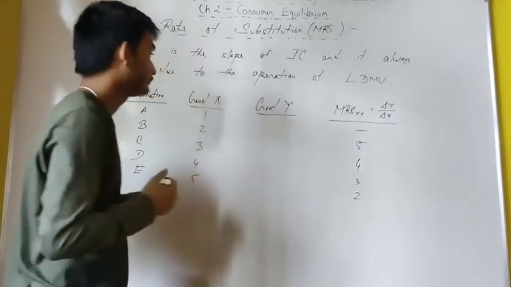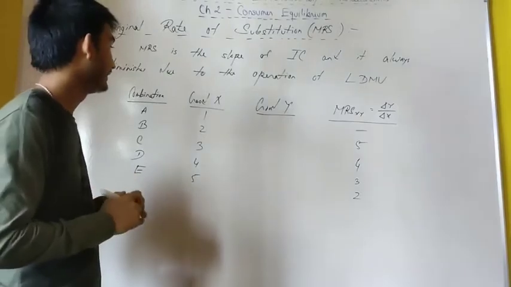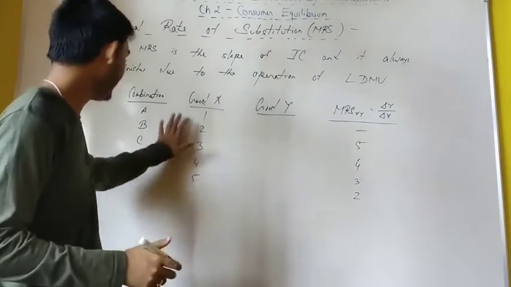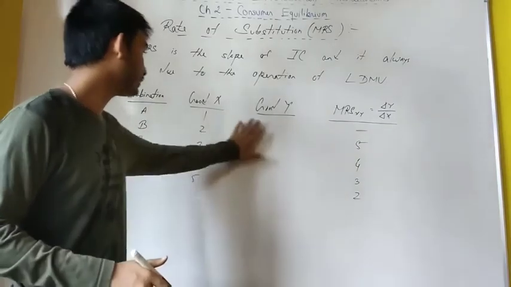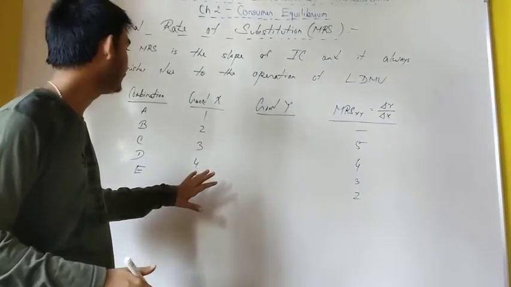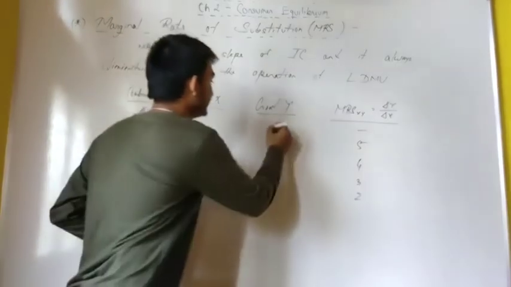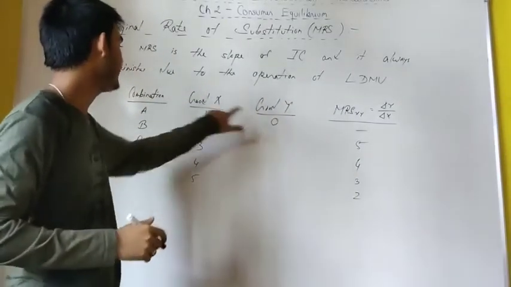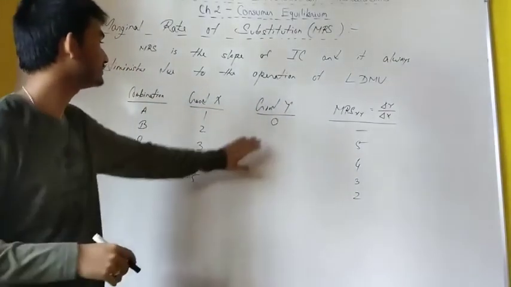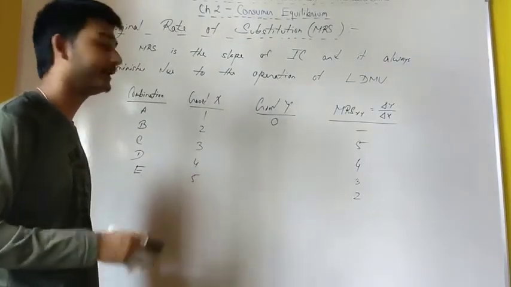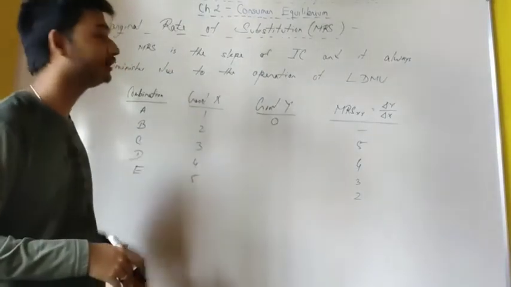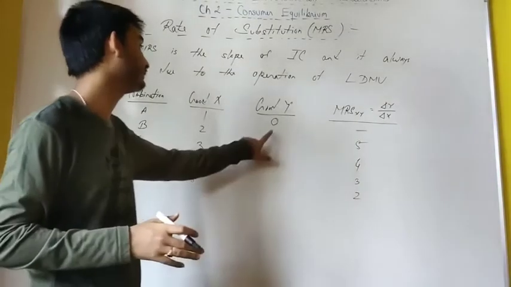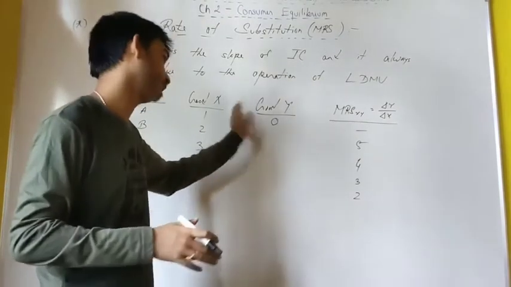Now from the indifference curve definition, we know that he always consumes two commodities. So all the combinations will be non-zero. If the first one becomes 0, that means he is consuming only good X and no units of good Y. This would violate our very definition of the indifference curve. But this does not mean it can never happen.